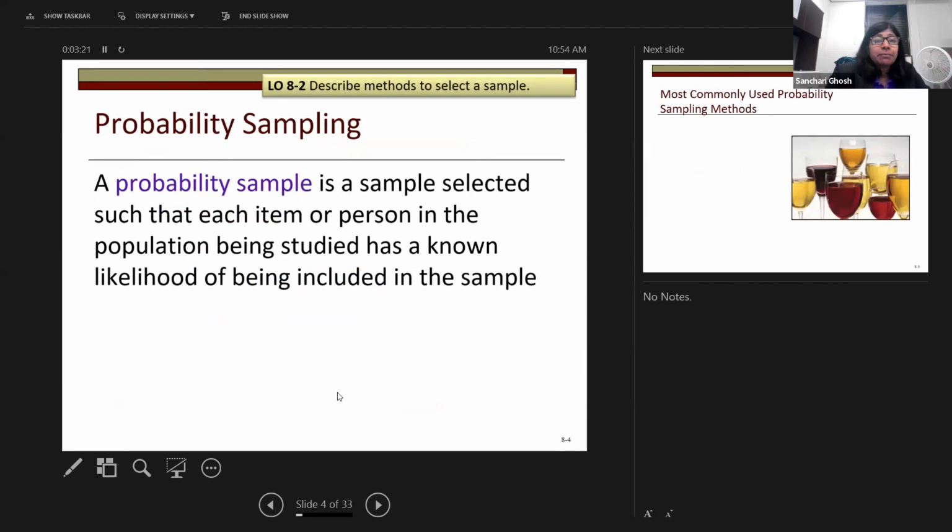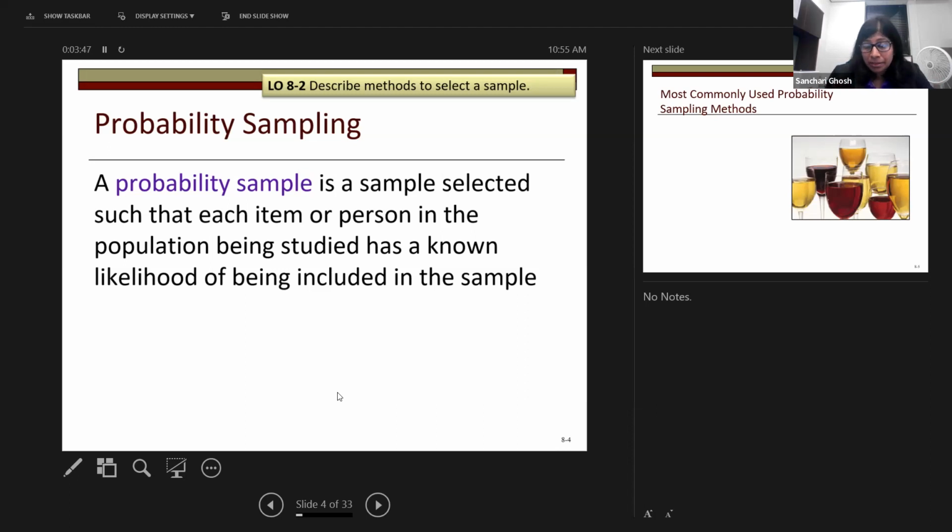A probability sample is a sample selected such that each item or person has an equal likelihood. So it's almost like the classical theory of probability, which we covered in chapter 5. We said that the number of favorable outcomes divided by the total number of outcomes is the probability of getting that outcome. So it's almost like that. You're sampling and everyone has an equal likelihood of being in the sample.